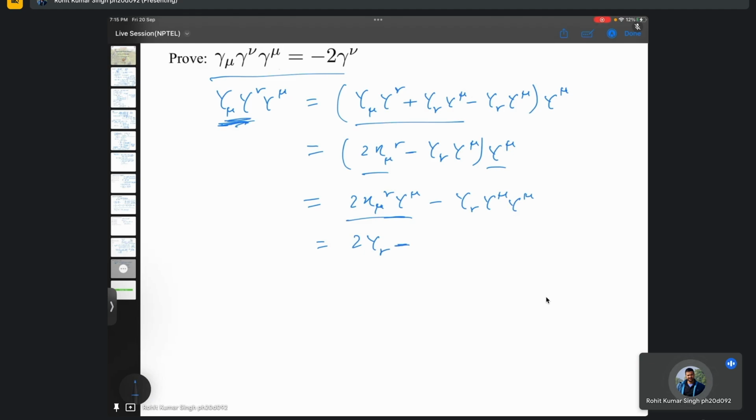And here you see that, just now we saw that gamma mu mu is equal to 4 times the identity matrix.